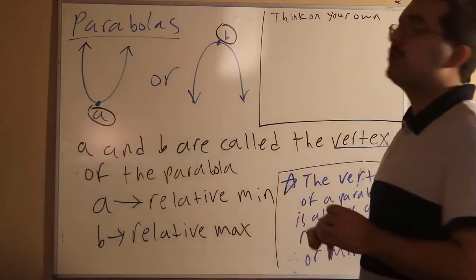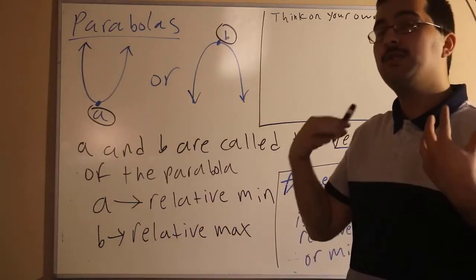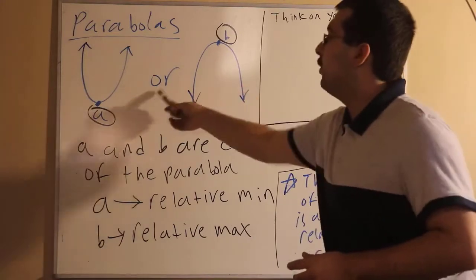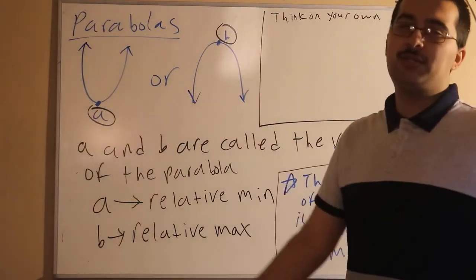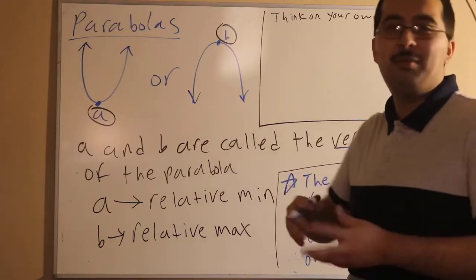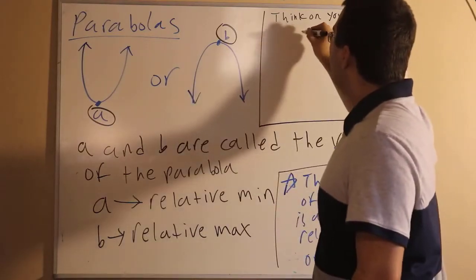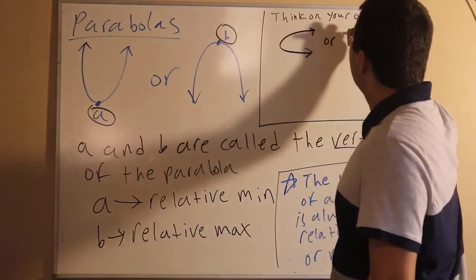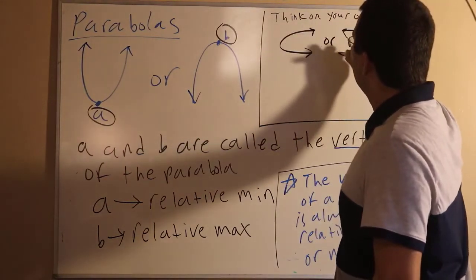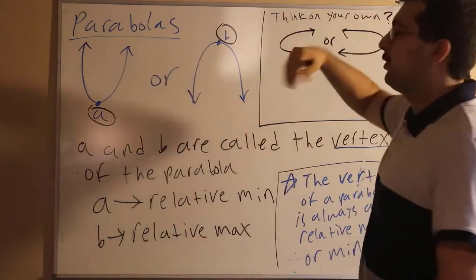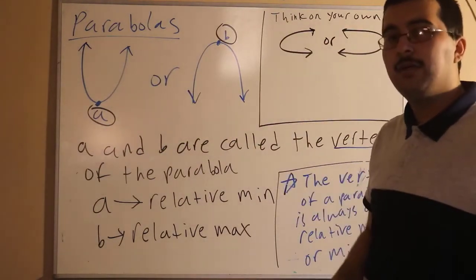I said when we're talking about quadratic functions, these are the only two parabolas we're really going to be concerned about. But there are other ways I can draw a parabola. Like I could draw a parabola this way, or this way, just simply turned on its side instead of going up and down.